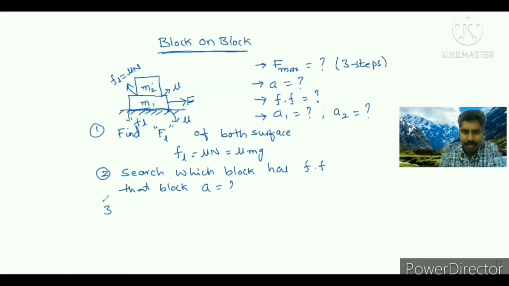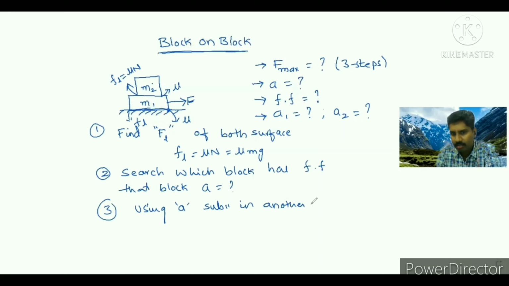Next, third step: using this acceleration, we need to substitute it in the other block. Which block did we calculate the acceleration for? Frictional force is developed on which block? M2. Force is applied on M1.